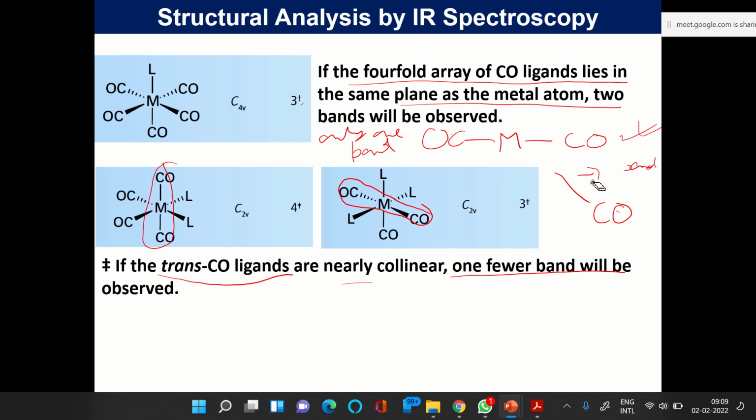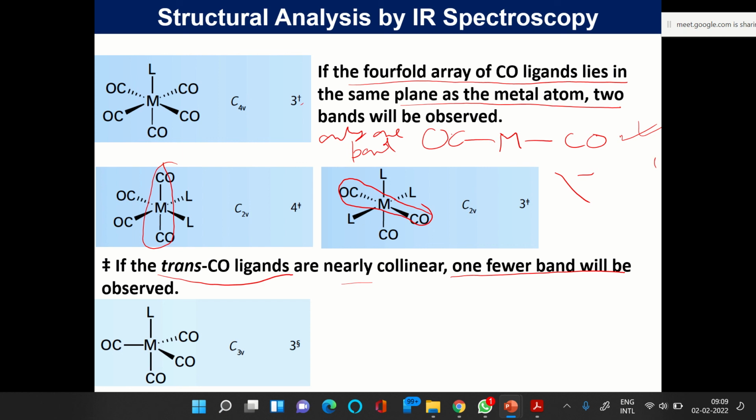A similar situation is arising in this case also. Because they are collinear in these two trans cases, there will be one band less than predicted by the overall symmetry of the molecule. We get a certain number of bands, but at the local level, with respect to the trans CO ligands, there is more symmetry, and that reduces one band.